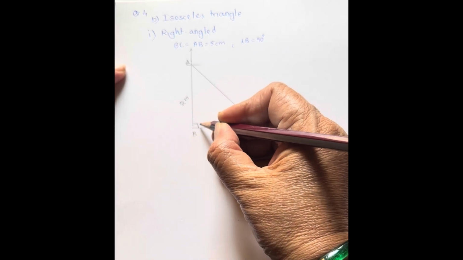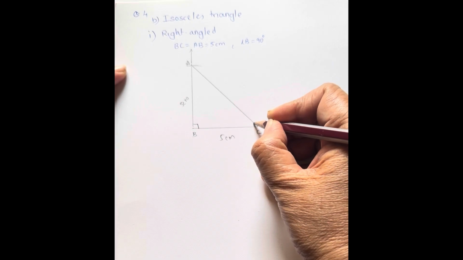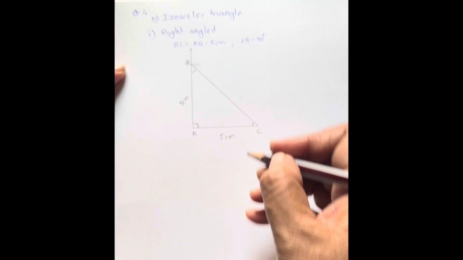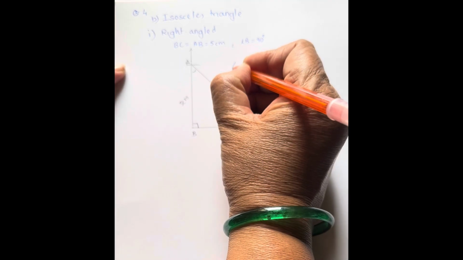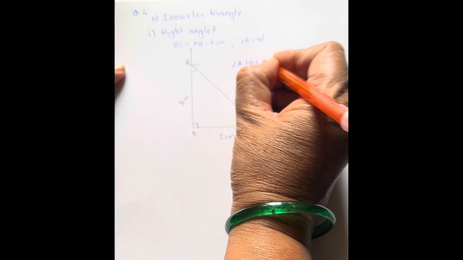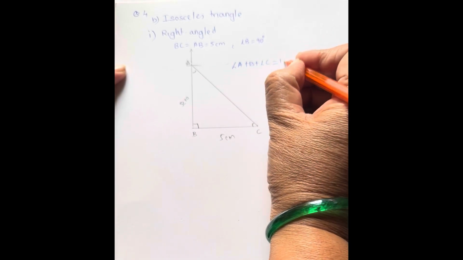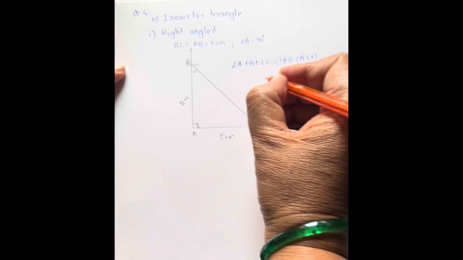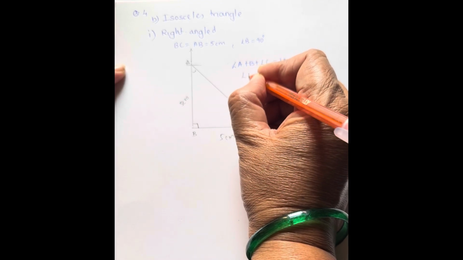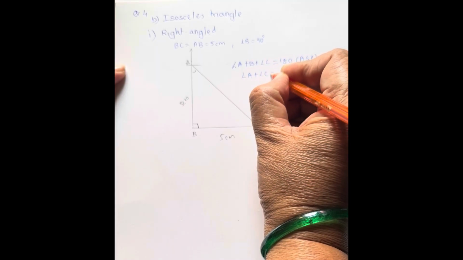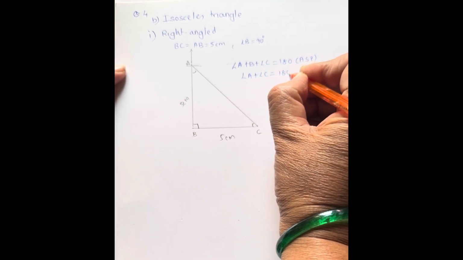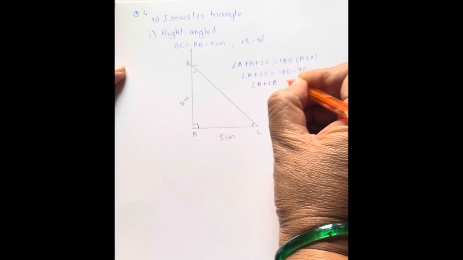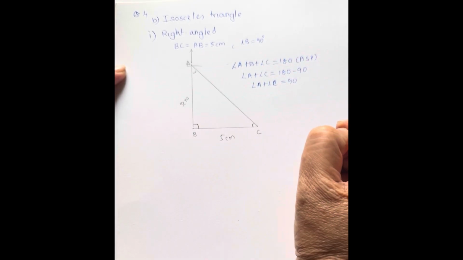Now, these two sides are equal, right? So naturally, these two angles will be equal. And this is 90. If we take angle A plus B plus C is equal to 180 degree according to angle sum property, I have written in short form ASP, right? So B is 90. So A plus C is equal to 180 minus 90 degree. So the sum of angle A and angle C will be 90 degree.